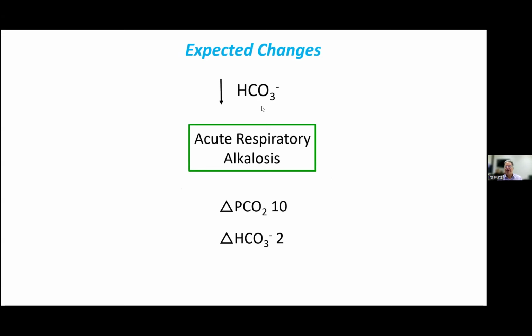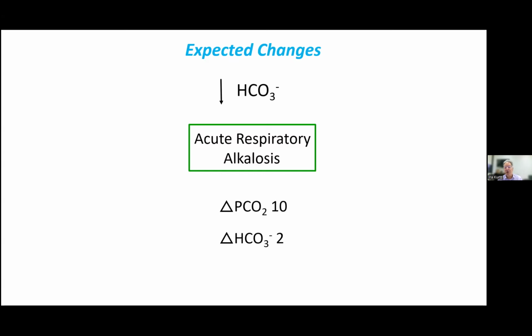So then the question is, how do you distinguish the metabolic acidosis 10 for every 12 that I talked about from what occurs in acute or chronic respiratory alkalosis? And again, we just look at the delta bicarbonate and delta PCO2. In acute respiratory alkalosis, for every 10 decrease in the PCO2, we get a 2 decrease in the bicarbonate.